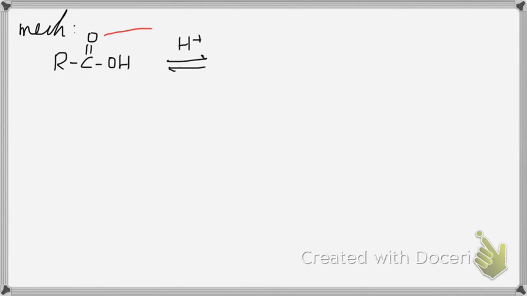Now let's take a look at the mechanism. The first step is protonation. Okay, under acidic condition, the carbonyl oxygen will be protonated by the acid. Once it's protonated, the carbonyl is activated.